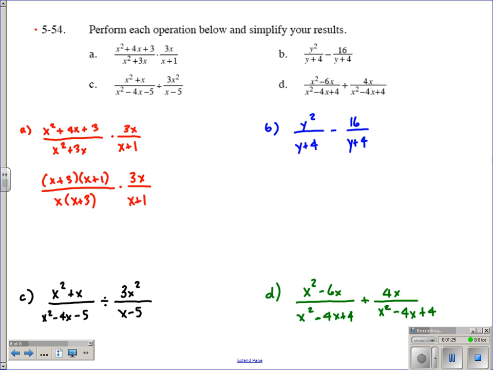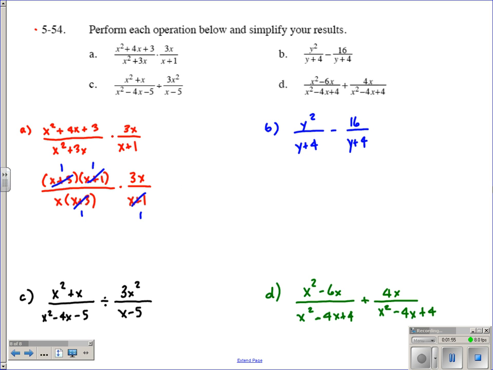Now, as we look to simplify, we're looking for factors that appear in both the numerator and the denominator. For instance, x plus 3 and x plus 3. If we divide x plus 3 by x plus 3, we get 1. The same thing with x plus 1 and x plus 1. So we have 1 times 3x over x times 1 times 1.